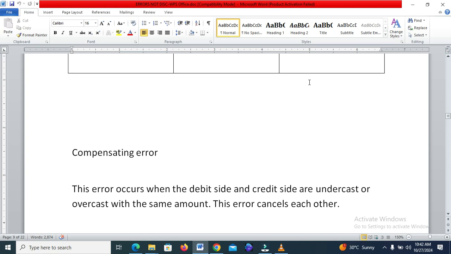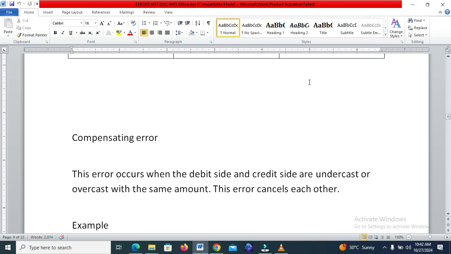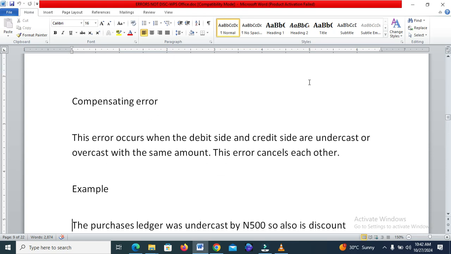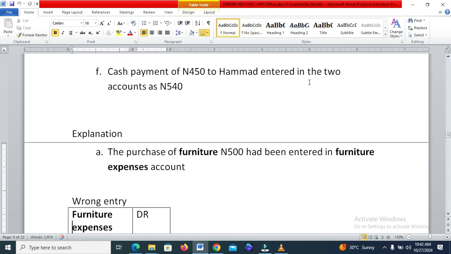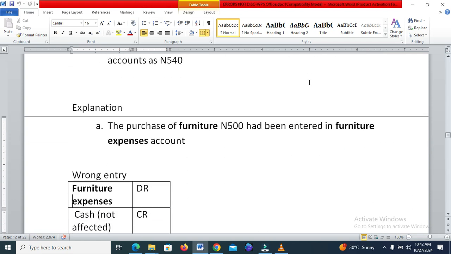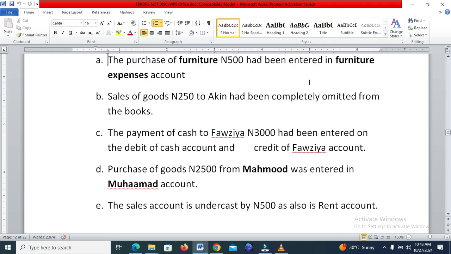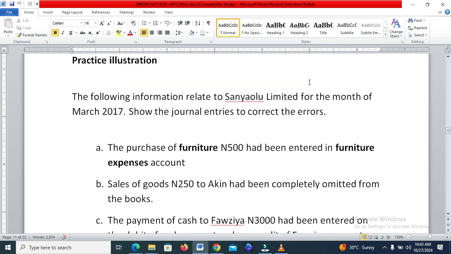But the major discourse of this week, which we are going to take in the classroom, is to look into the errors that affect the agreement of the trial balance. Before we move to that, I think there is need for us to do what is called a practice illustration.